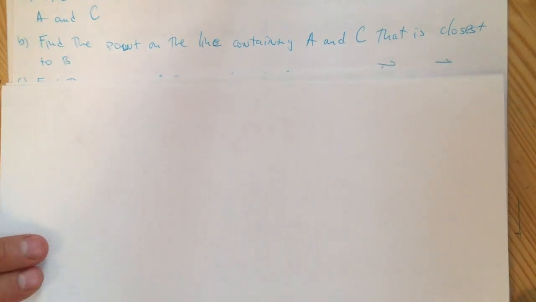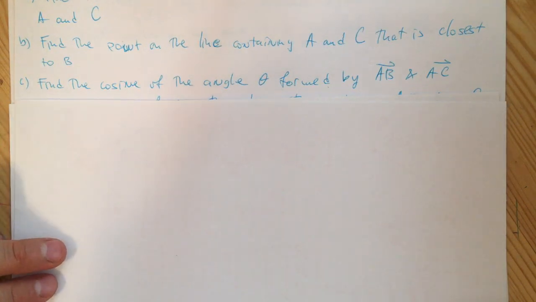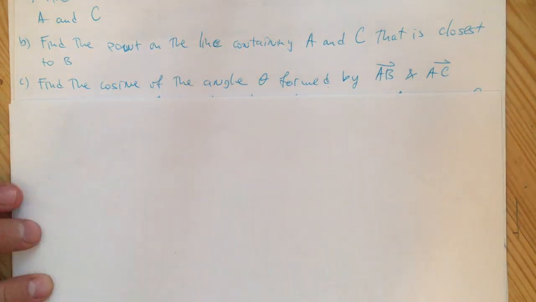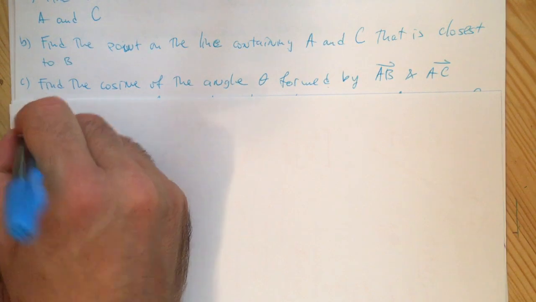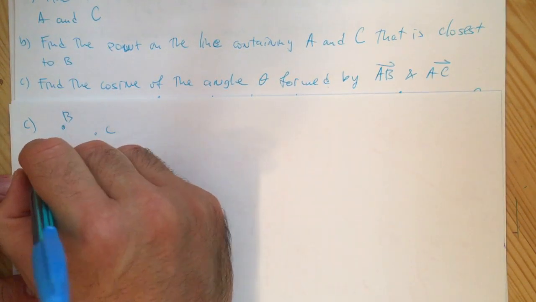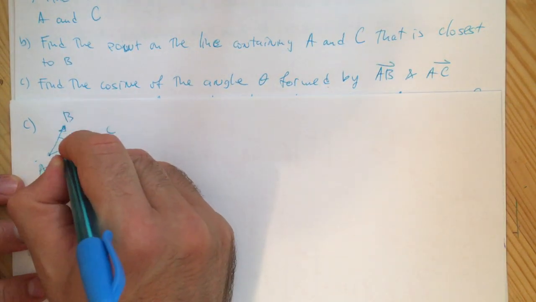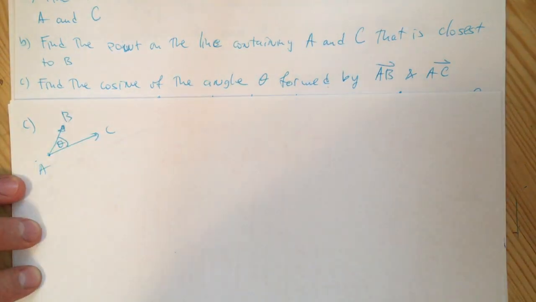The next problem is find the cosine of the angle theta formed by AB and AC. So again, the same picture. This is the vector AC, and this is the vector AB. This is the angle theta between them.